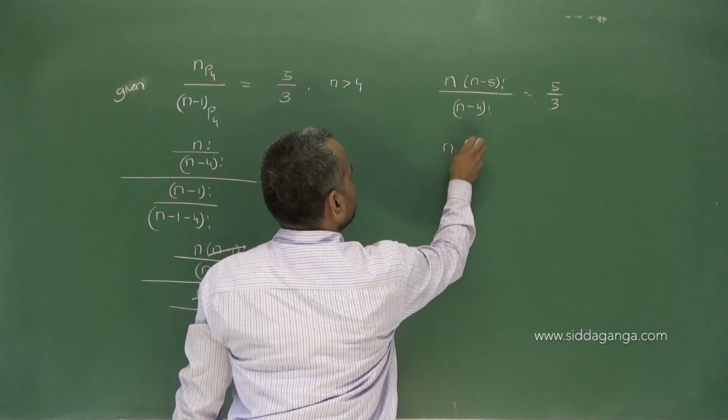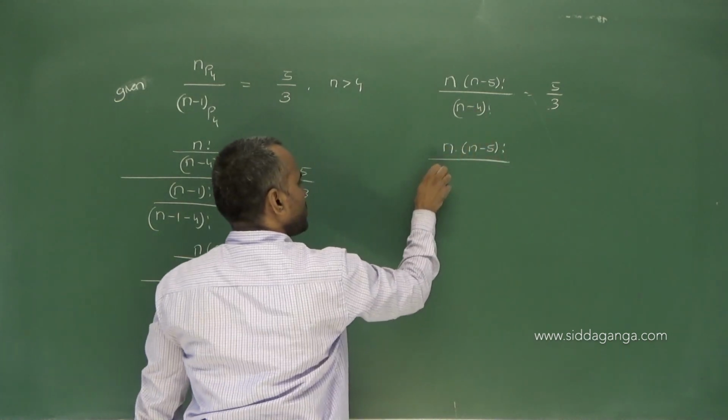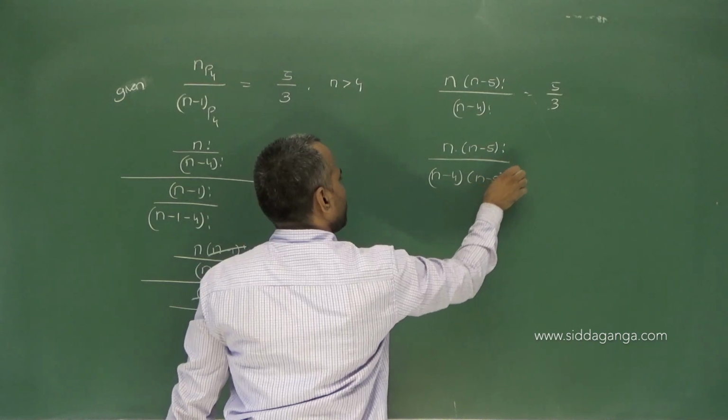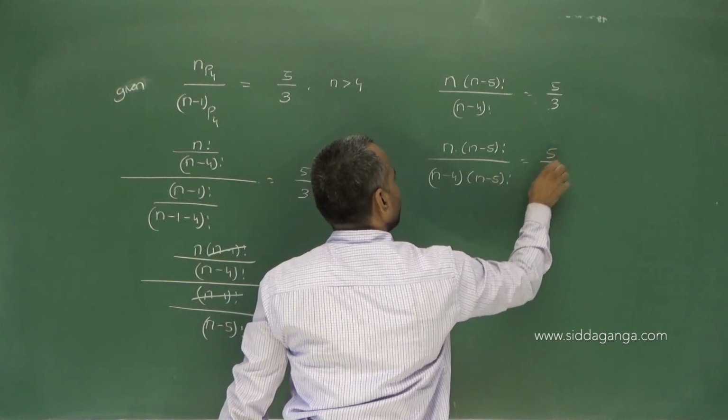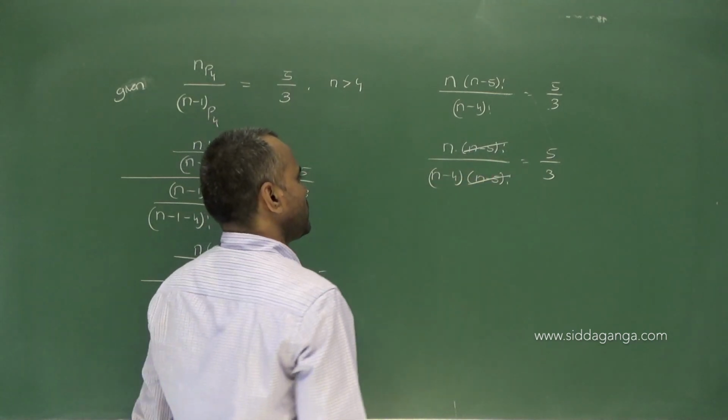This we can write as n minus 4 into n minus 5 factorial. n minus 5 factorial gets cancelled.